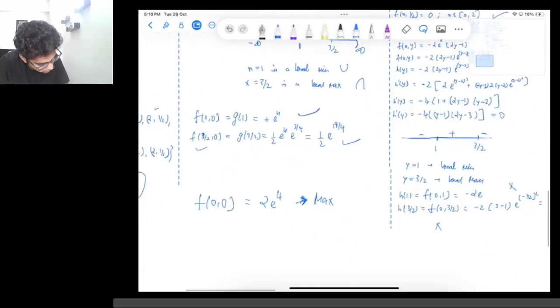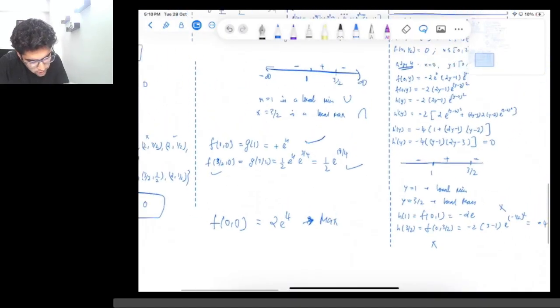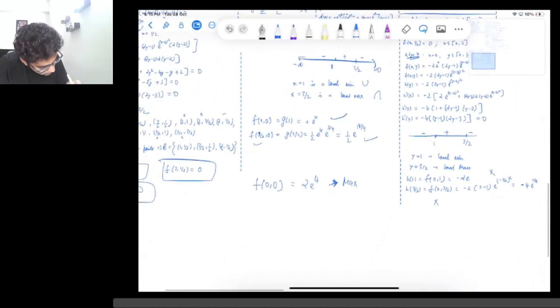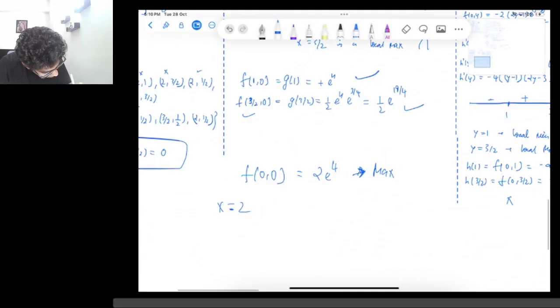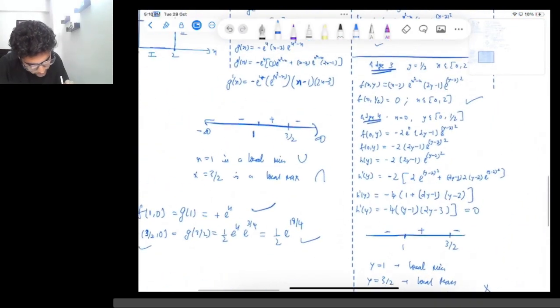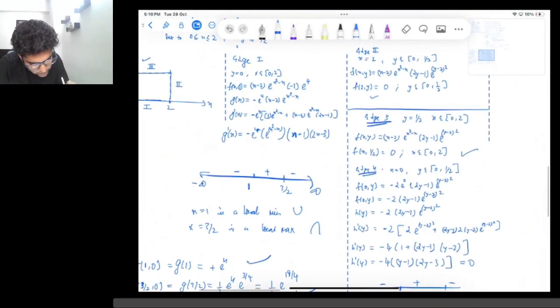So my min is occurring when my x is equal to 2, and my y is lying between 0 and half.